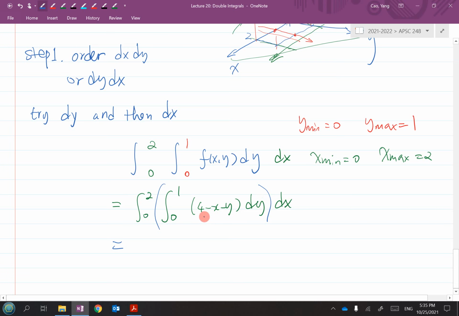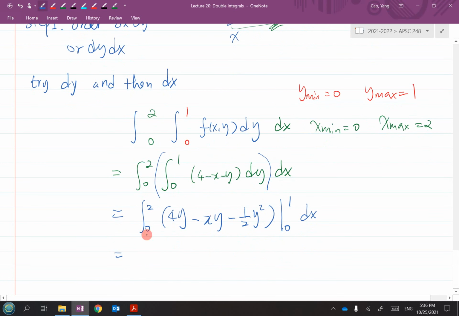So the inner integral gives you 4y minus xy minus 1/2 y squared, with y going from 0 to 1, and then dx. Calculating the result of this inner integral, you get 4 minus x minus 1/2 dx.